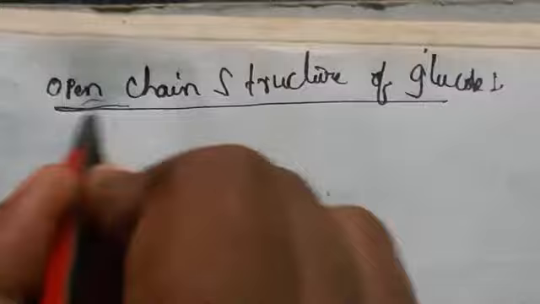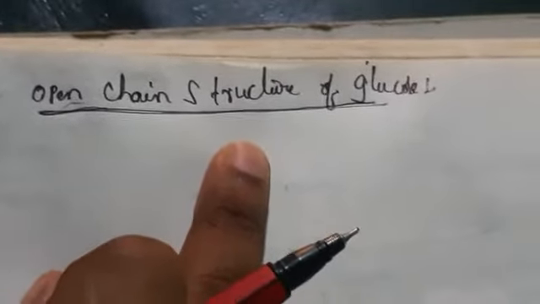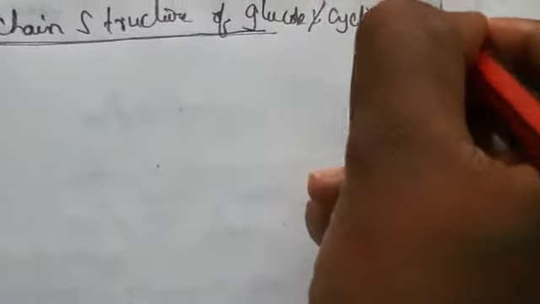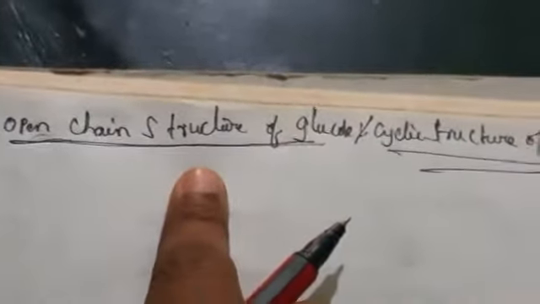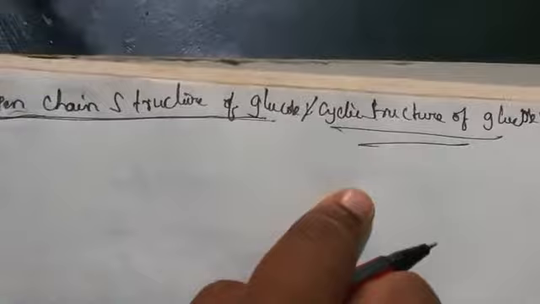So open chain structure or cyclic structure of glucose. You can get a question like this: open chain structure of glucose or cyclic structure of glucose.